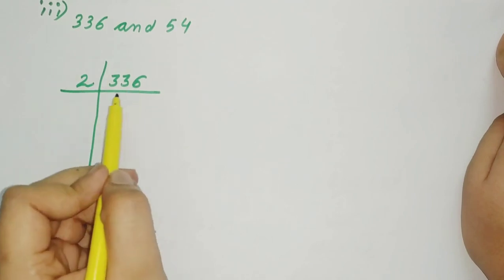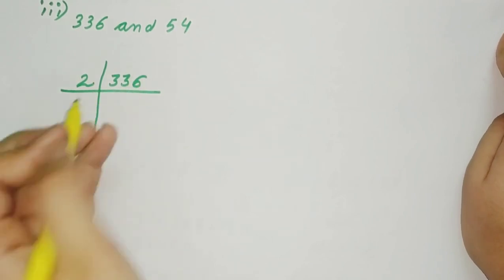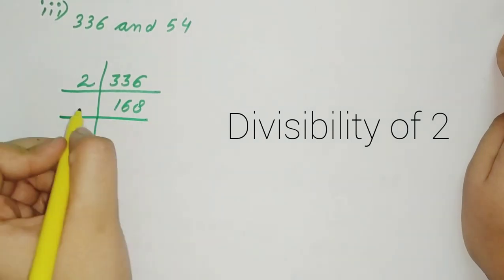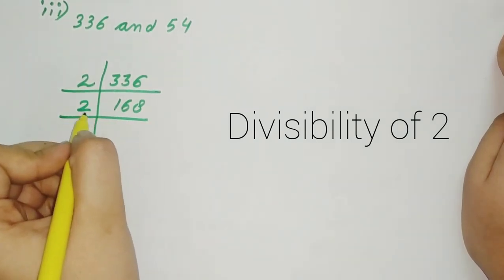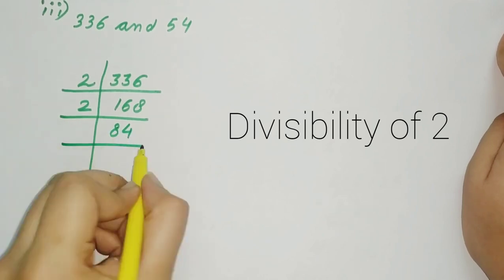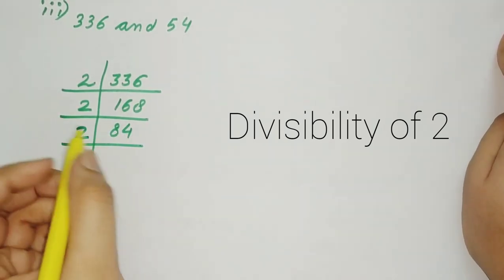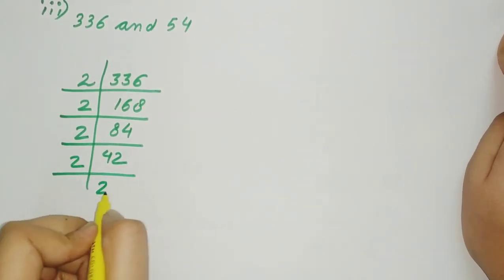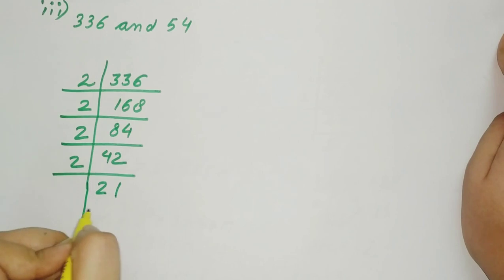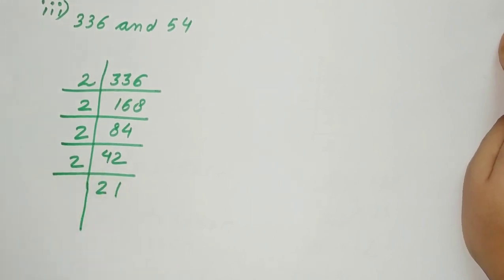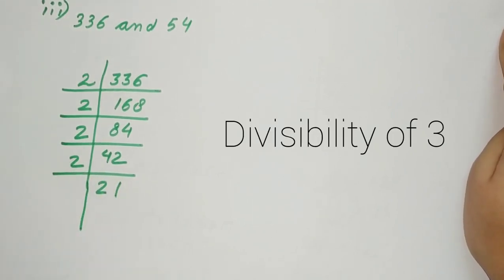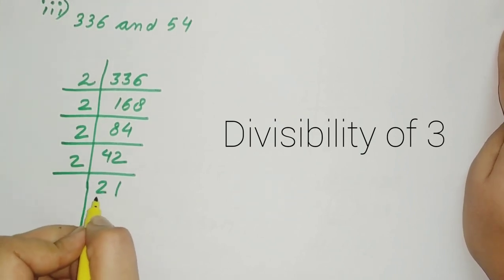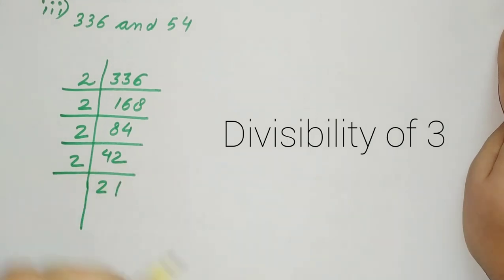Now 336 divided by 2 is equal to 168. 168 is again divisible by 2. So 168 divided by 2 is equal to 84. 84 divided by 2 is equal to 42. Now 42 divided by 2 is equal to 21. And 21 is not divisible by 2, but it's divisible by 3, because the sum of the digits of 21, which is 2 plus 1 is equal to 3, is divisible by 3.